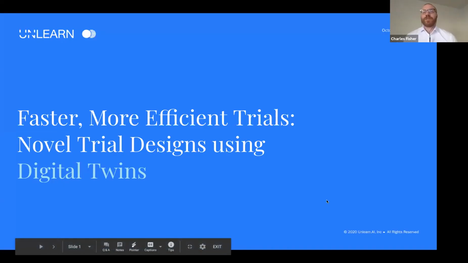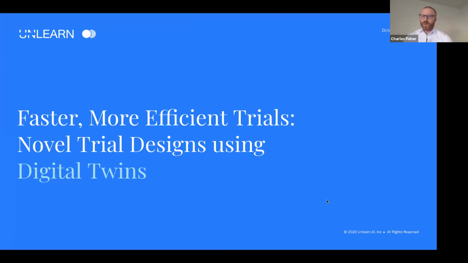Excellent. So to follow up on our first presentation, I'll just give a quick recap that we at Unlearn AI have developed some technologies for creating what we call digital twins. A digital twin is a type of computer simulation that helps us to ask what would likely happen to a particular patient in a clinical trial if that patient were to receive a placebo.